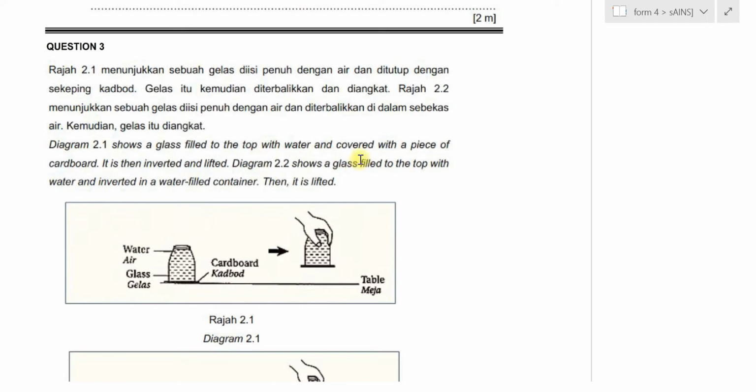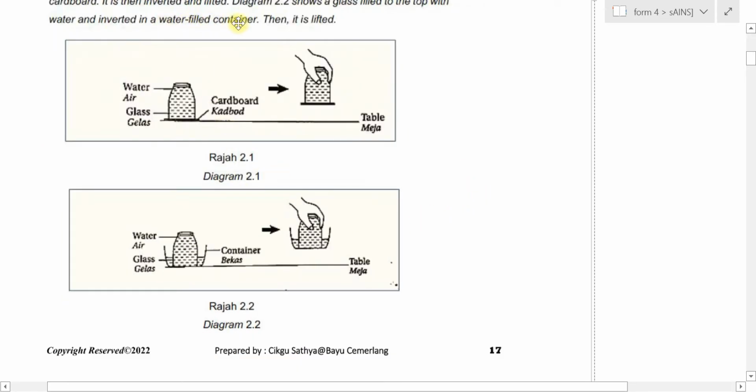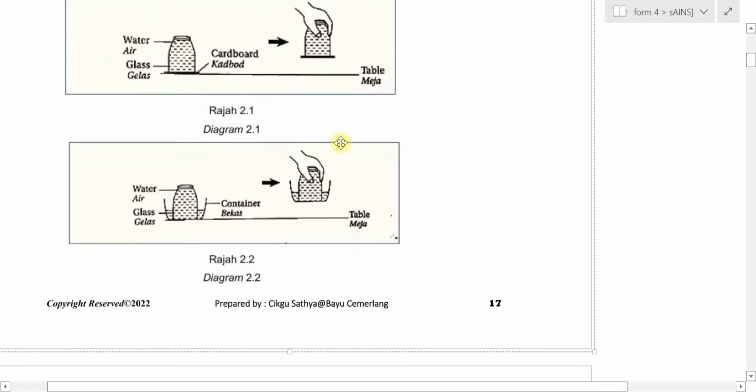Diagram 2.2 shows a glass filled to the top with water and inverted with a water-filled container. In both diagrams, after you invert them and try to lift up the glass, the cardboard and the container are also lifted up.